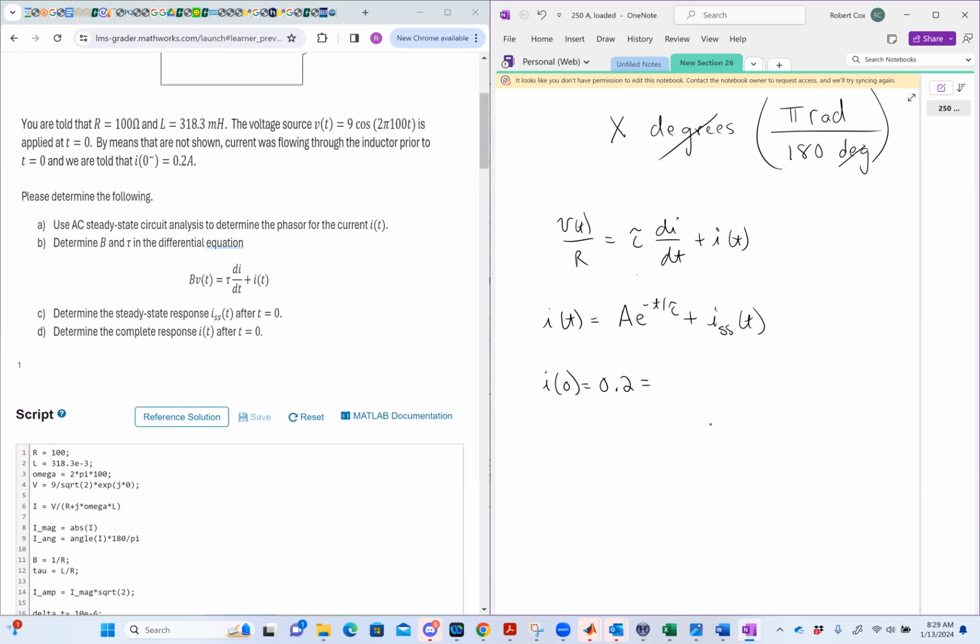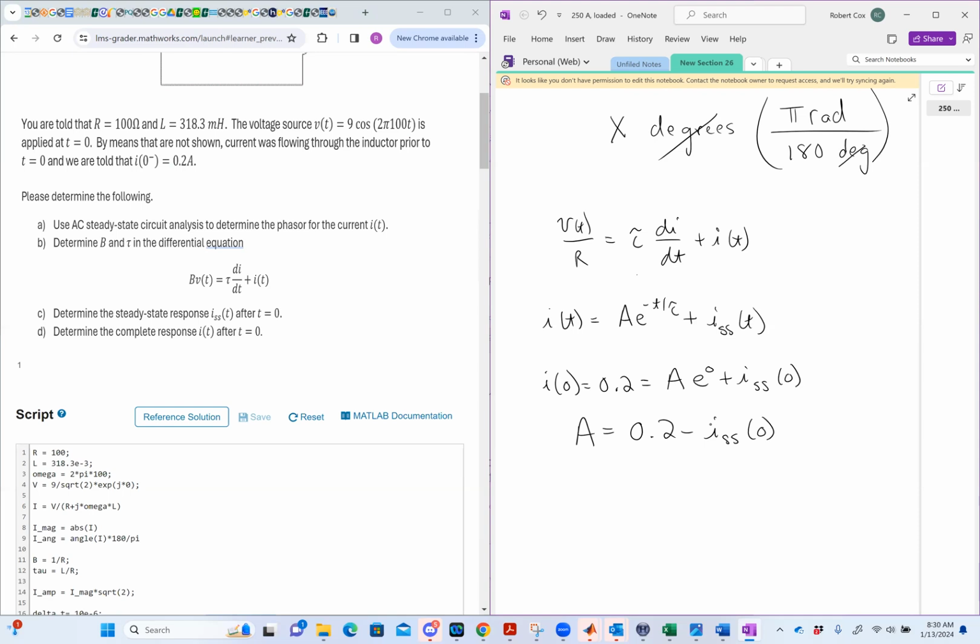So what I do is I go here and I say I of 0 is 0.2, and then I plug in t equal to 0 in the equation. So that means I get A e to the 0 plus ISS of 0, and then I solve. e to the 0 is 1, so I end up with A equal to 0.2 minus ISS of 0, whatever I got there.